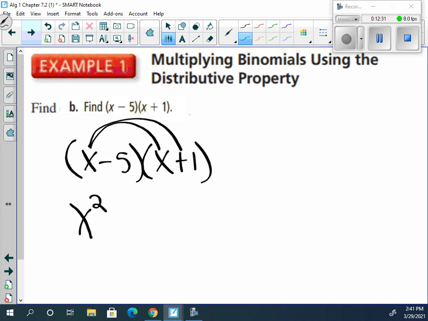And then what would we do? x times 1 would be plus x, because it would be the same as 1x. Anytime we have multiplication by 1, we don't always write the 1 because it's understood. So we've done that completely out, yes?